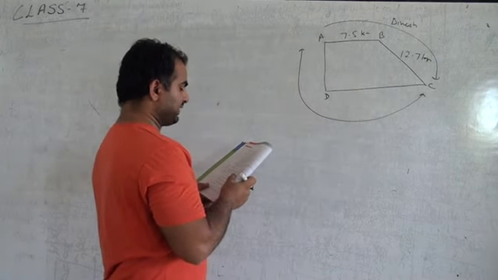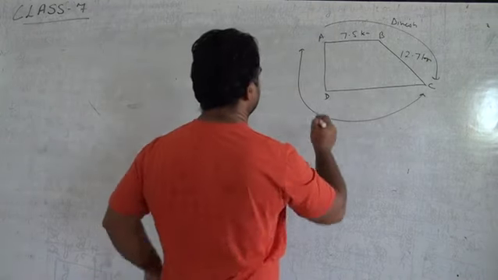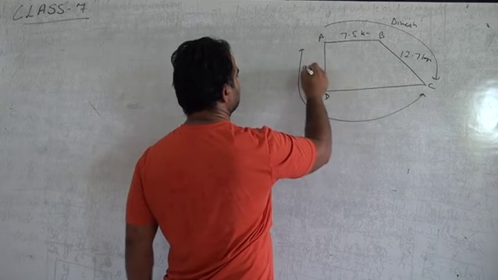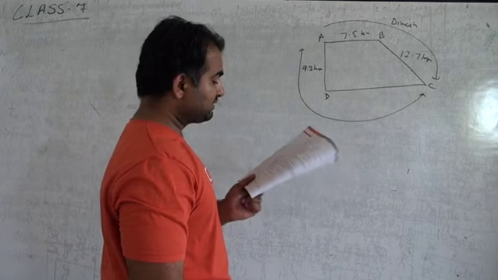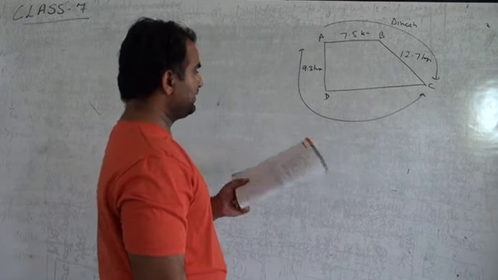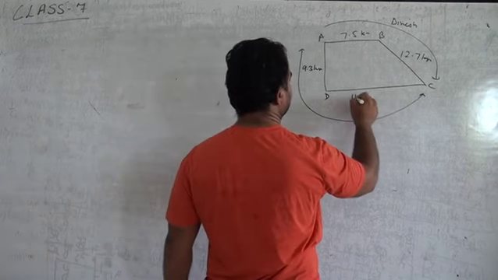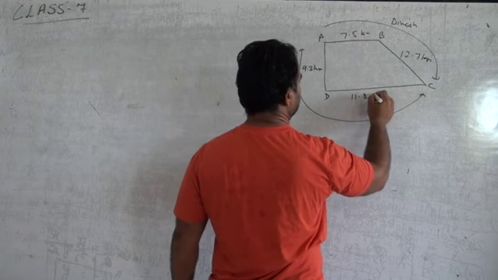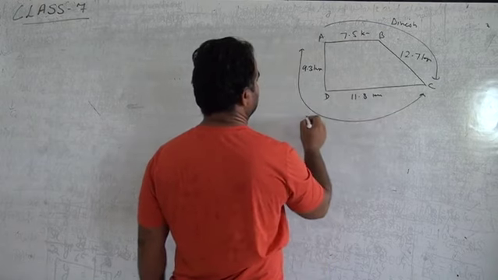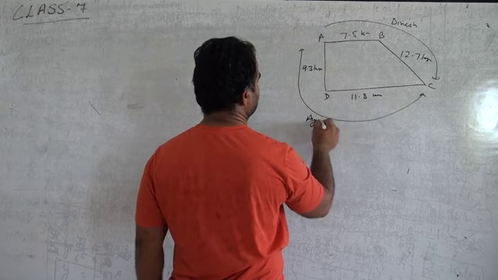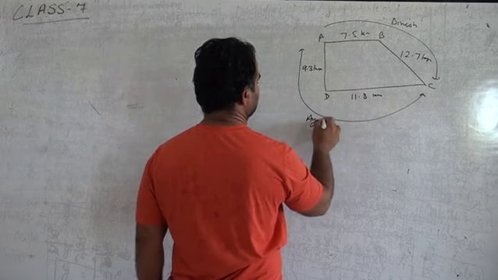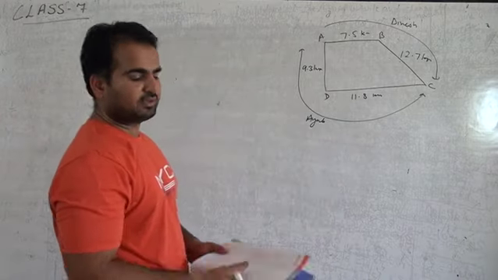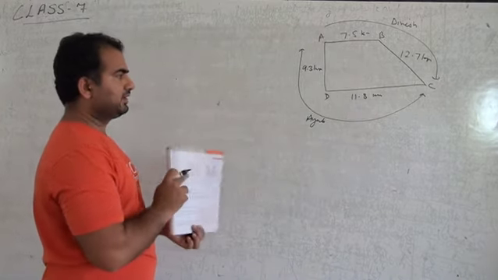D is 9.3 km from A, and C to D is 11.8 km. This was traveled by Ayub. So what we have to do is find the total distance and who traveled more.